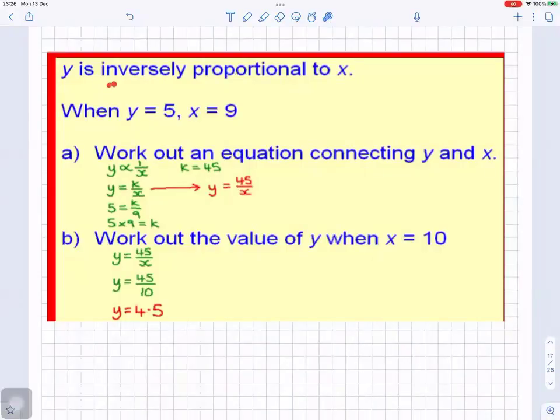Y is inversely proportional to X. When Y is equal to 5, X is equal to 9.